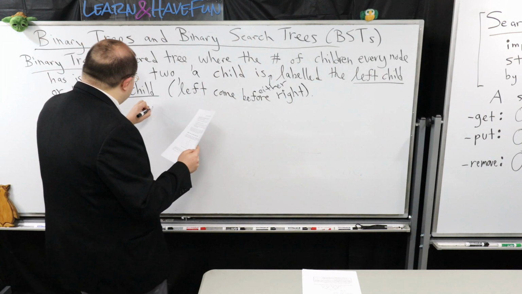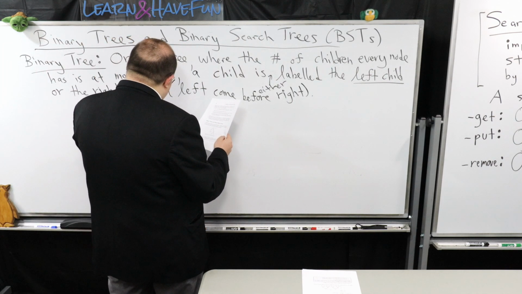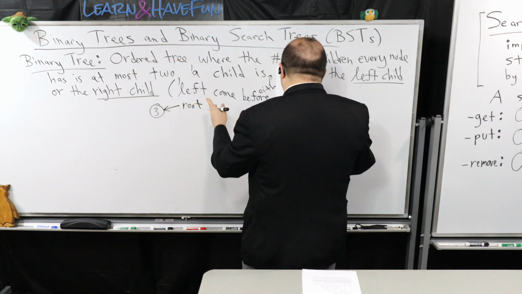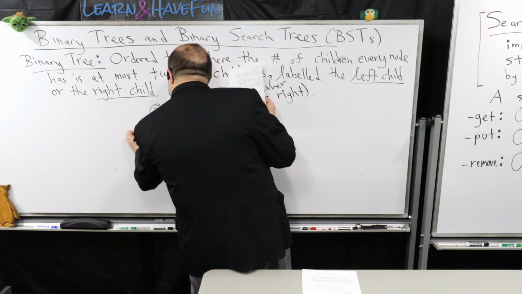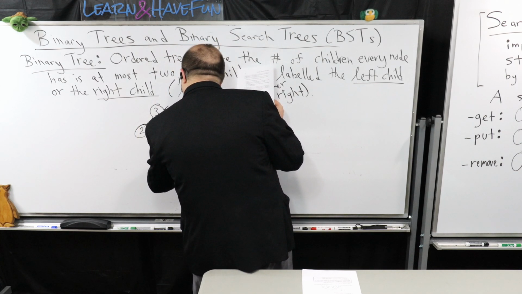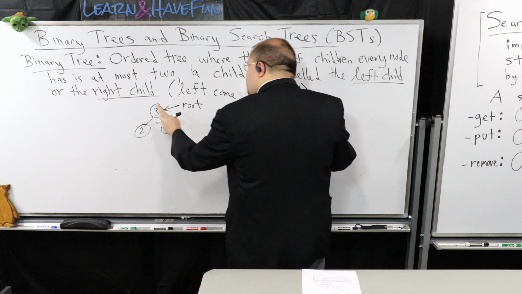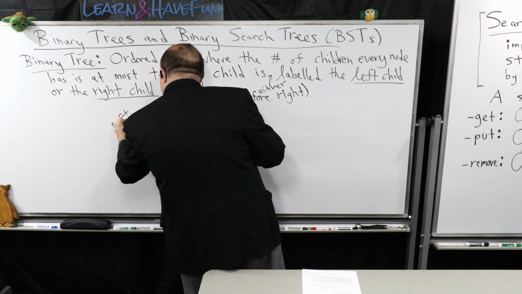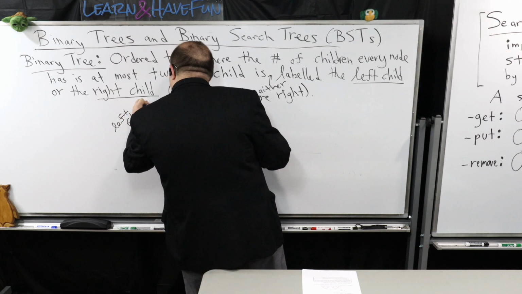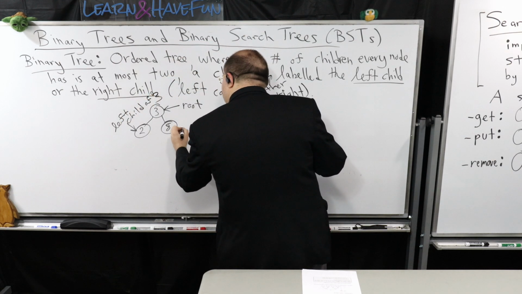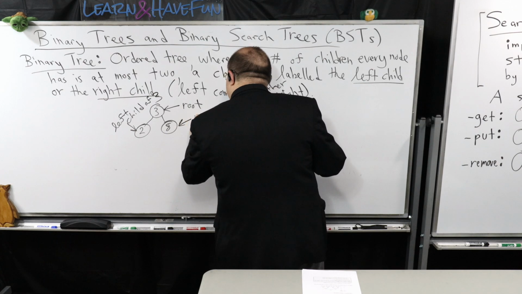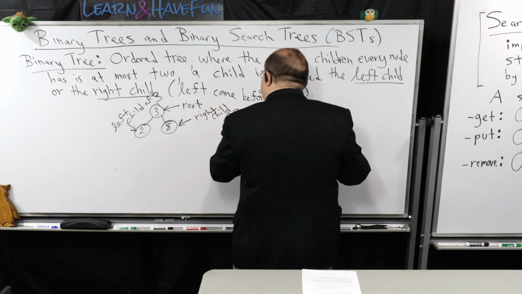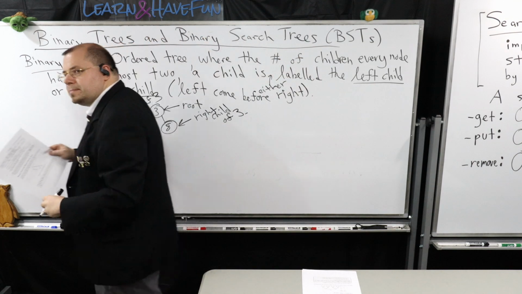So here's an example of a binary tree. I'm going to have a node here with 3 in it. That's going to be the root. You can have 2 and 8 as its children. I would call 2 the left child of node 3, and 8 the right child of node 3.